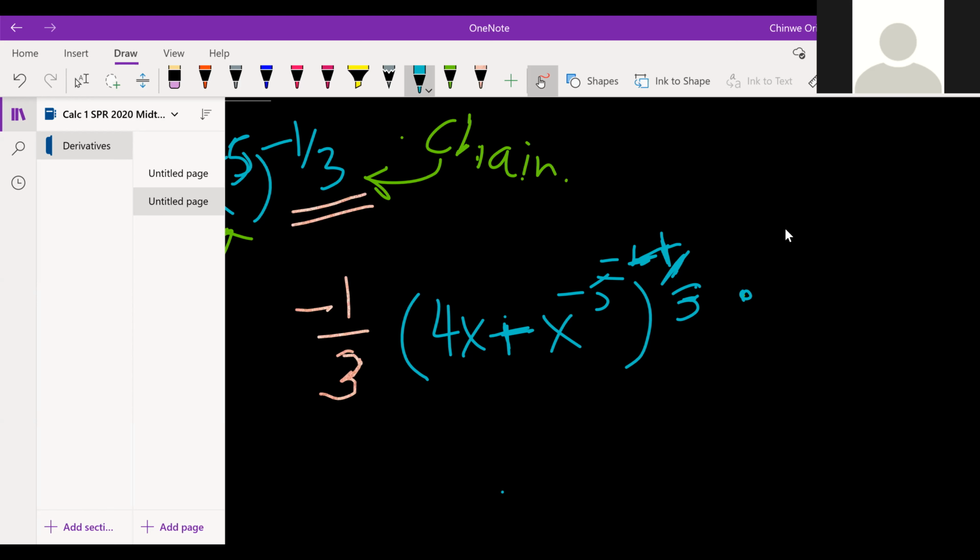Multiply it by the derivative of the inside. Yes, ma'am. So what's the derivative of the inside? I got 4 minus 5x to the -6.